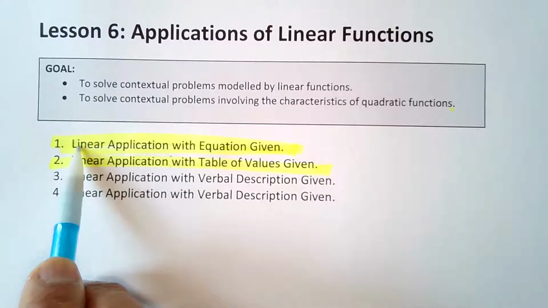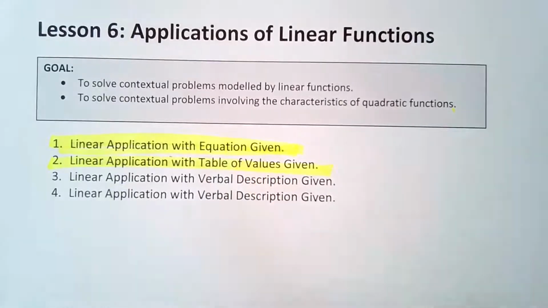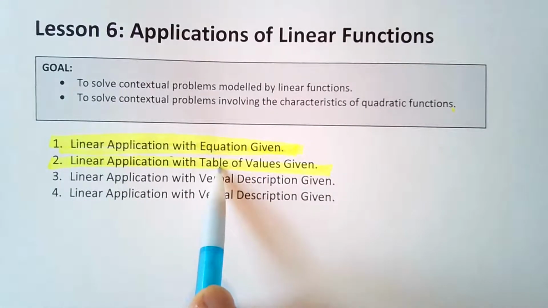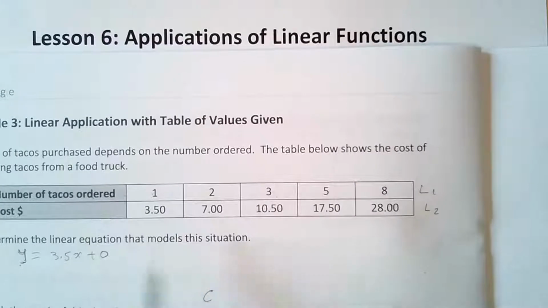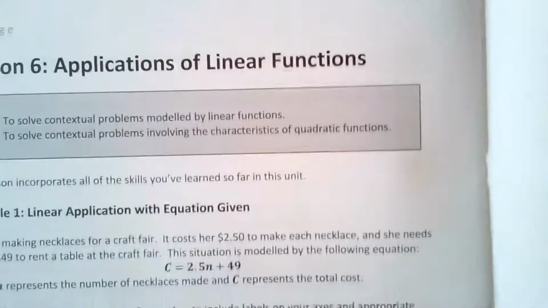So far, we've completed linear applications when an equation is given. In the previous lesson, we looked at applications when a table of values is given. So the last one, we looked at when the table of values is given, and the previous question when the equation was given.